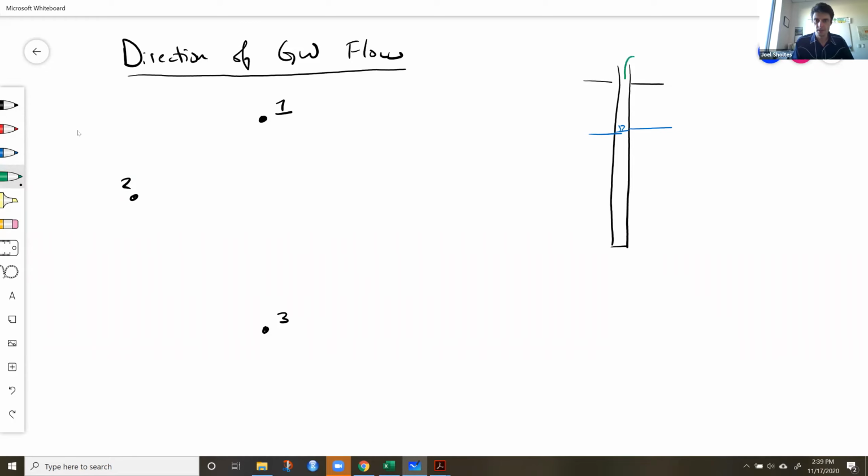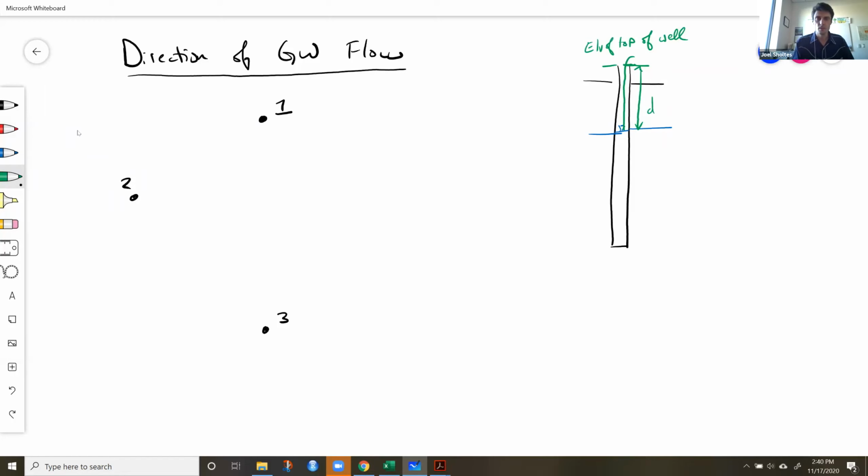So we lower a little tape down there, and it tells us the depth to the water, right? So say that's D. Usually the way it works is you'll know the elevation at the top of the well casing, and then you're measuring that depth based on that elevation.